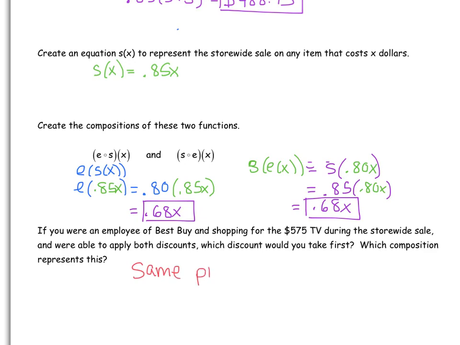The reason it's the same price is because both of them are just being multiplied by the price. If we had said we have a coupon for $10 off the price of a TV, then it would matter if we were taking the $10 off first or taking the employee discount of 20% off first. So be careful when you're doing your homework, because on your homework there's one where that is going to matter, but here because they're both multiplying, we get the same price.